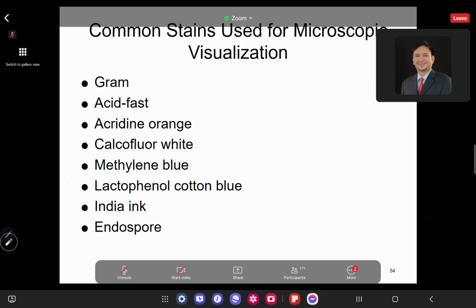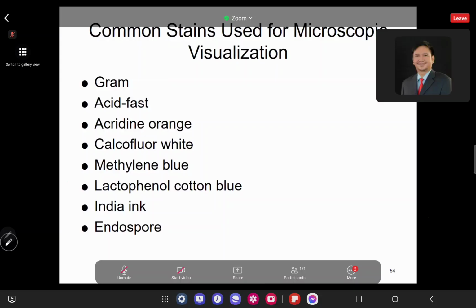A simple stain used for general visualization: methylene blue. It differentiates bacteria into gram-positive and gram-negative based on cell wall structure: gram stain. Identifies acid-fast organisms like Mycobacterium with high mycolic acid in their cell walls: acid-fast, very good.